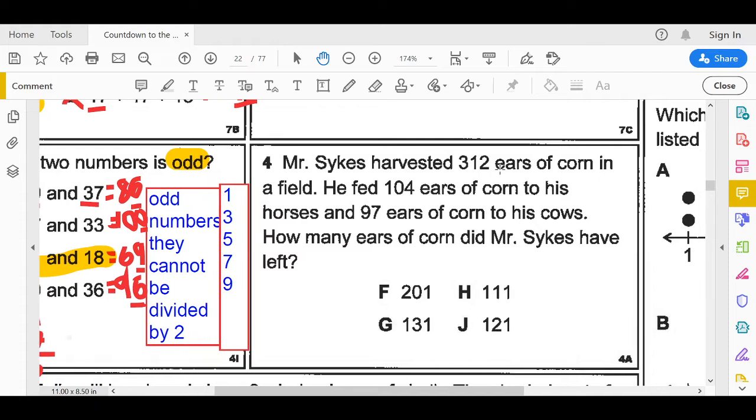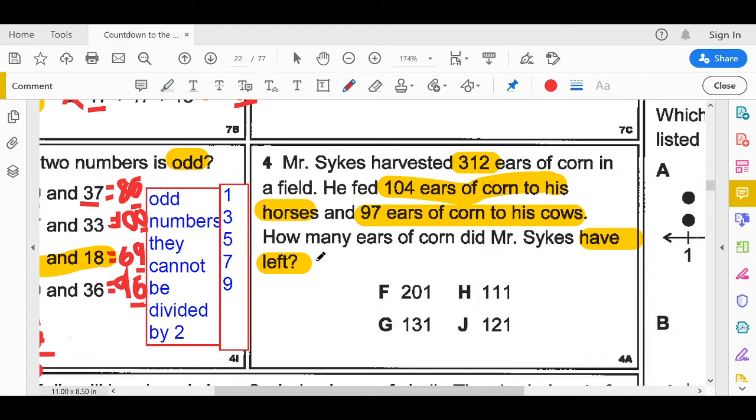Number 4, Mr. Sykes harvested 312, that's the first number I need to highlight, 312 ears of corn in a field. He fed 104 ears of corn to his horses and 97 ears of corn to his cows. The question is, how many ears of corn did Mr. Sykes have left?